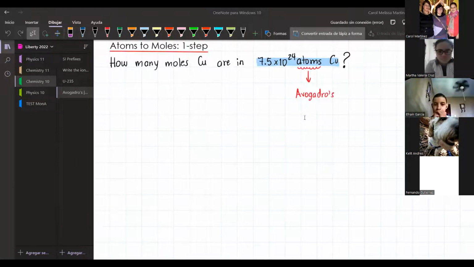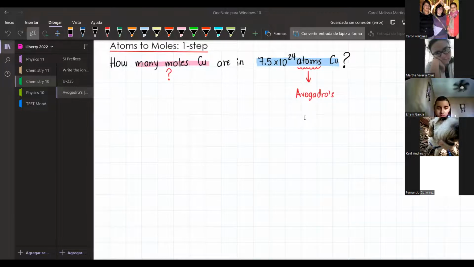Anytime you see atoms involved in a problem, you have to use Avogadro's number as a conversion factor. They are giving you atoms and you need to convert to moles, because the problem is asking how many moles of copper. So this is going to be your unknown.